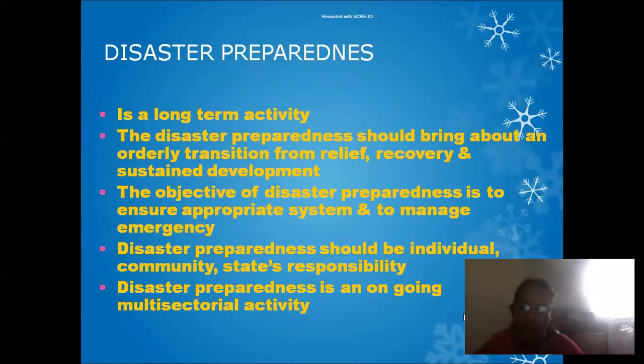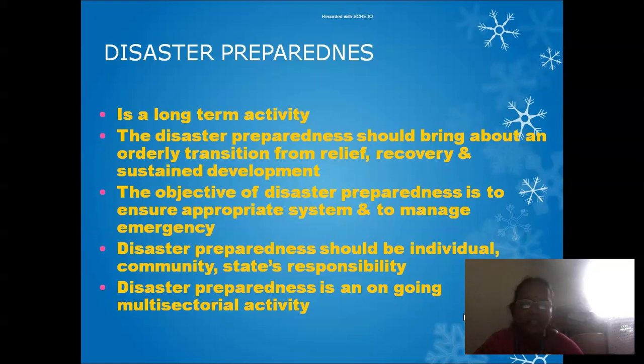Disaster preparedness. Disaster preparedness is a long term activity; we have to take care and prepare well in advance based on the expected disaster. Disaster preparedness should bring about an orderly transition from relief, recovery and sustained development.